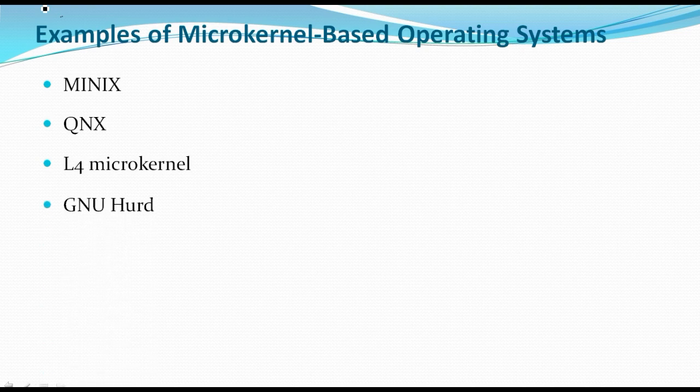Examples of microkernel operating systems are Minix, QNX, L4 microkernel, and GNU Hurd. A microkernel can suffer from performance decrease due to increased system function overhead.